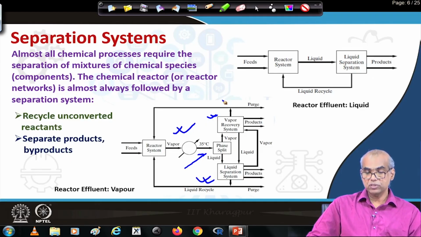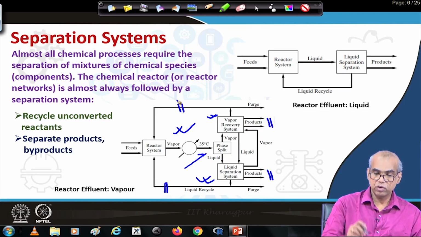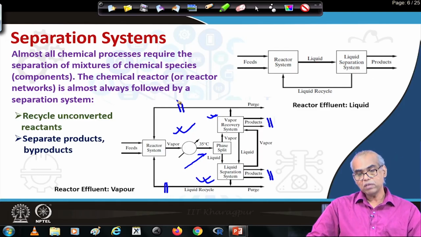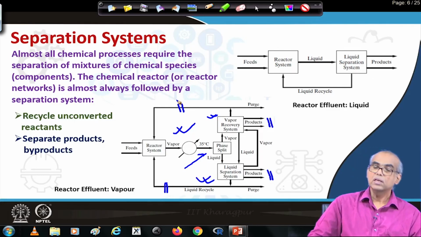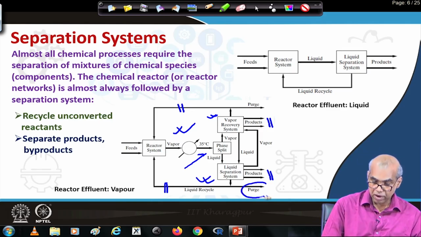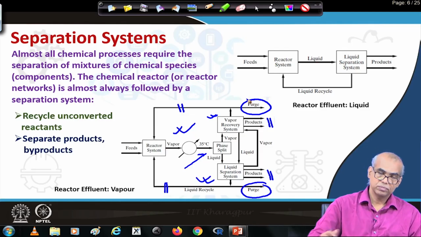From both, you can take out products and send the liquid recycle stream or the vapor recycle stream to the reactor system. We will also have a purge stream to avoid building up of any inert species in the recycle loop.